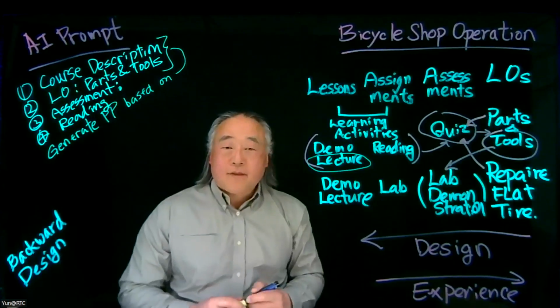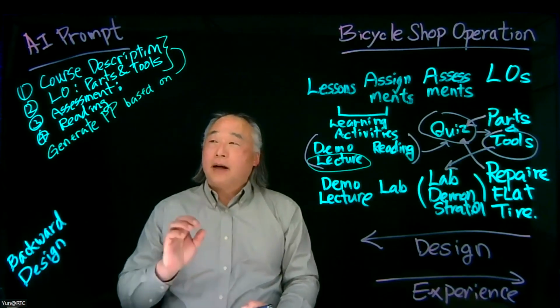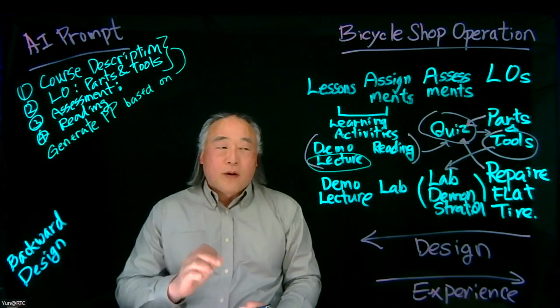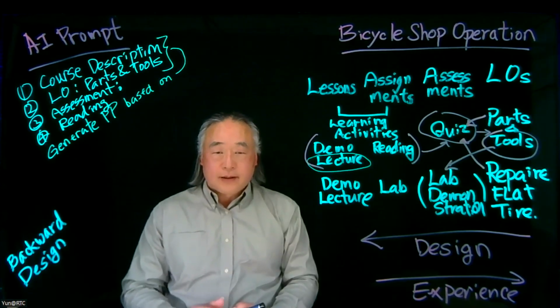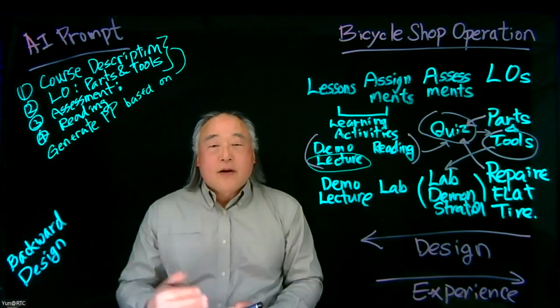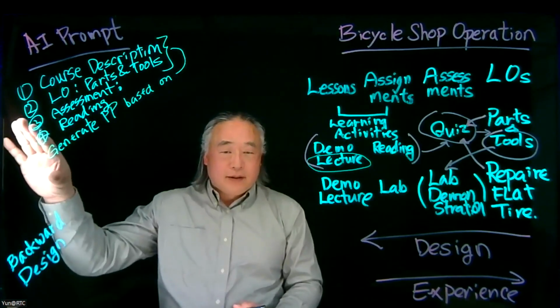And then you can specify how many slides or how in-depth, or have a quick summary and conclusion and all that kind of things. That you can add once you get the initial prompt generated.